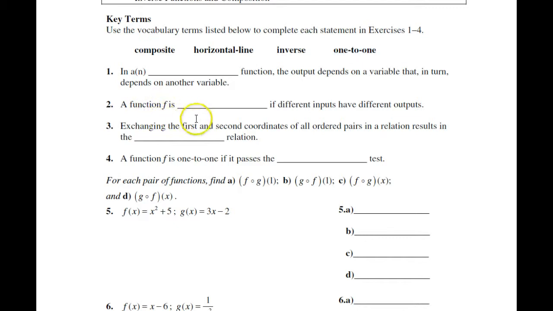Exchanging the first and second coordinates of all ordered pairs in a relation results in what kind of relation? Well, this is an inverse.